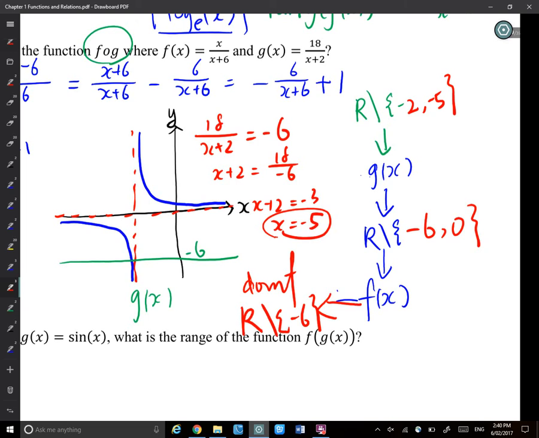But I also check the domain for the other function. I cannot have -6 as well. So except for 0, I also cannot take -6. So I go back to see which value gives me -6, which is -5. So I will exclude the x value of -5 as well. So the domain for this composite function will be this.